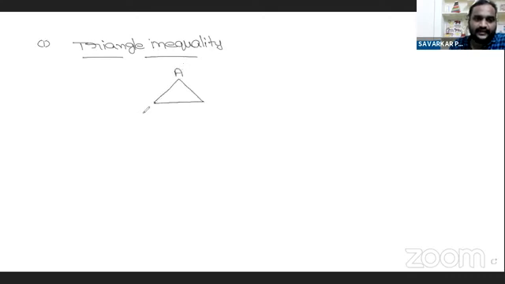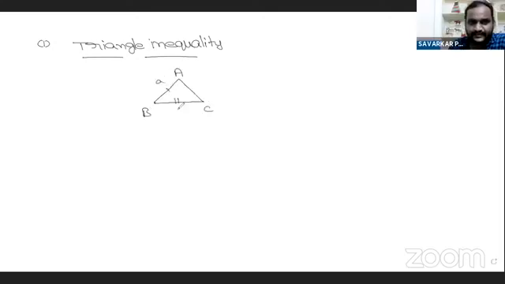In a triangle, the sides will not be equal, sir. So this side is A, this side is B, and this side is C. If you take the sum of any two sides, A plus B is always greater than C. So if you take any two sides, the sum of them is greater than the third side.